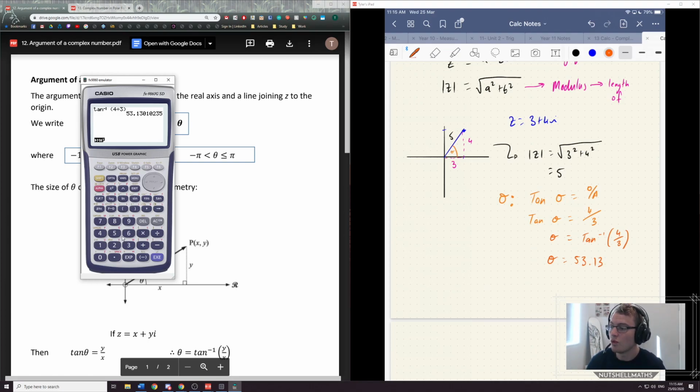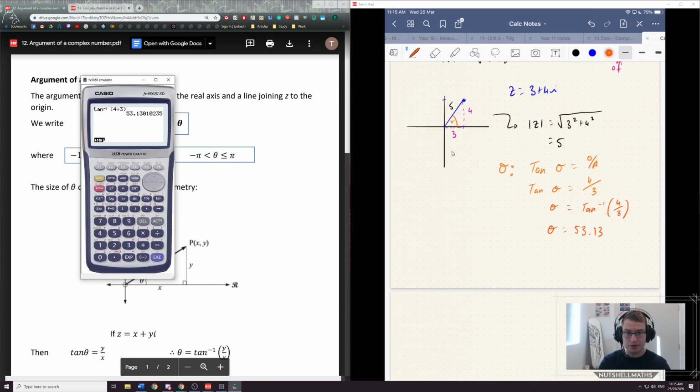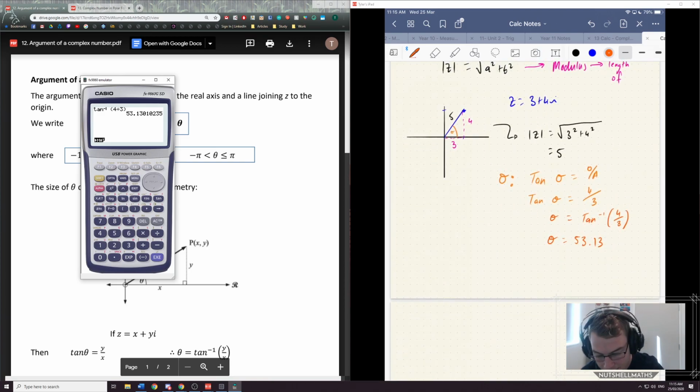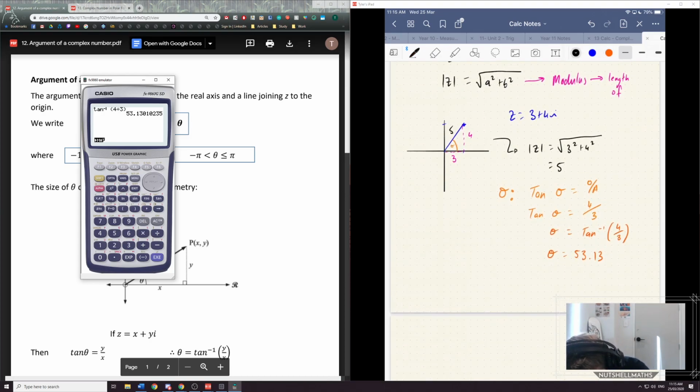Okay, so what we've done here is, with this right angle triangle created by this imaginary number, I could find the modulus, the length, but I could also find this angle. Now, because we're doing calculus, we have names for everything, right? And this angle is called the argument.